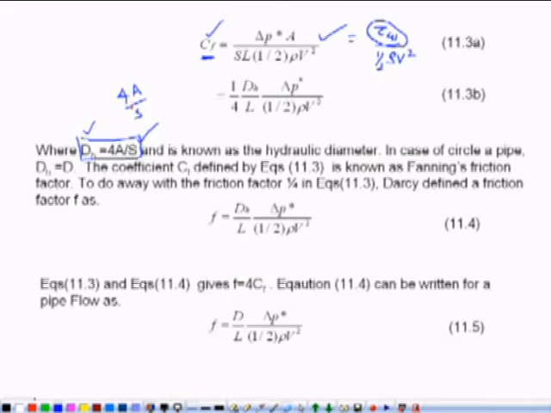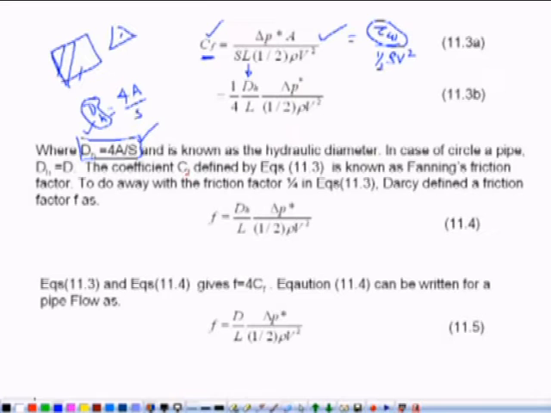In case of the pipe, the hydraulic diameter dH will be the diameter of the pipe, but for any other type of section, we can find the area and the perimeter, and this will give us the hydraulic diameter, right. By defining the hydraulic diameter, the CF may be written in the form of the given equation: 1 over 4, dH divided by L, del P star divided by 1 over 2 rho V square, right.